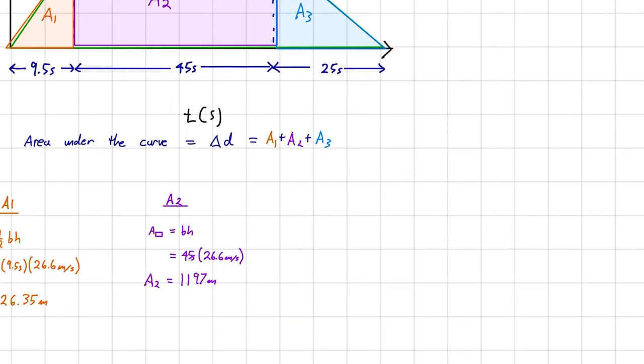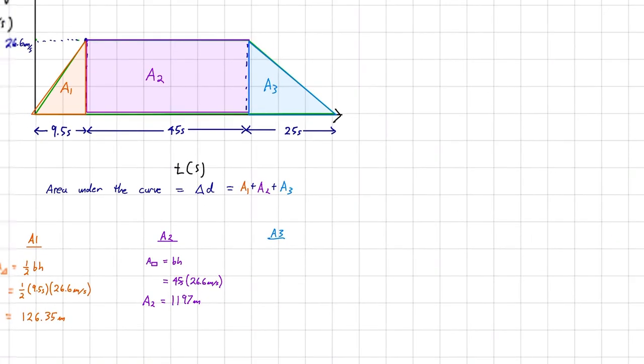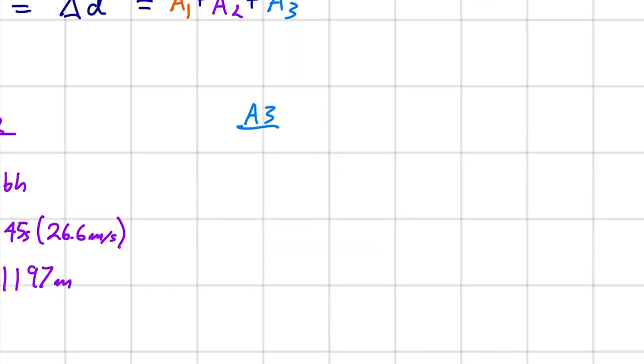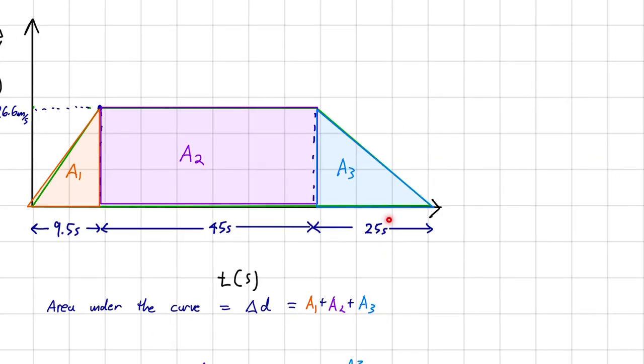And lastly, let's move on to A3. Do this in blue to keep it consistent. So again, it's a triangle. What is the area of a triangle? Well, it's 1/2 base times height. So again, we have to look at this triangle to find our dimensions. So our base is 25 seconds. And the height, well, it's the exact same as A1 and A2.